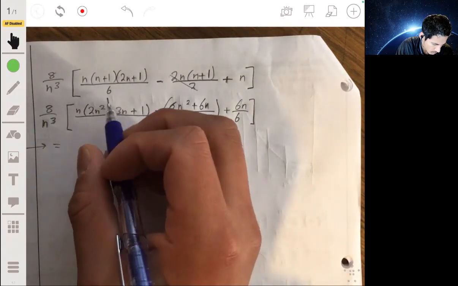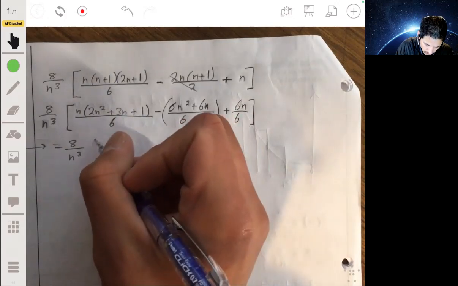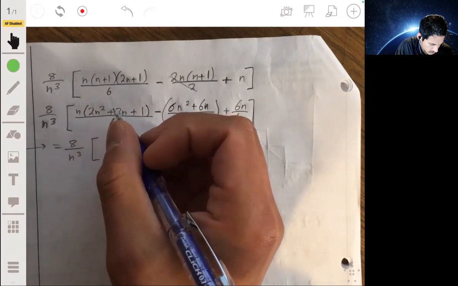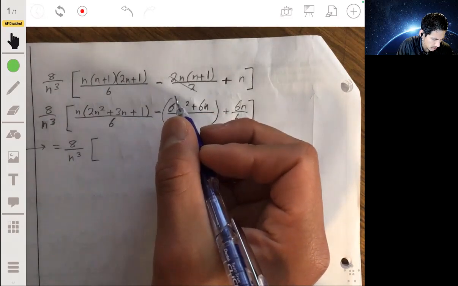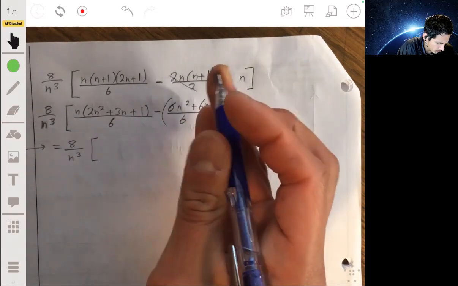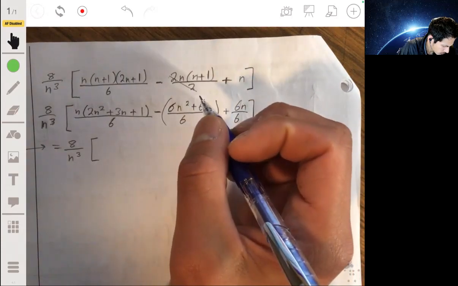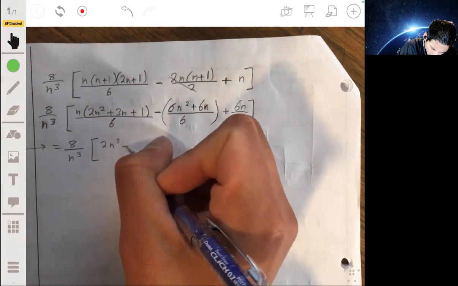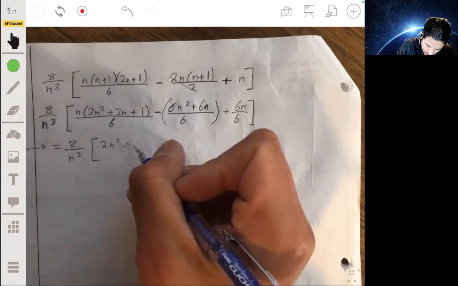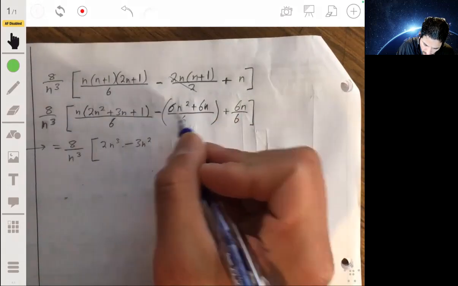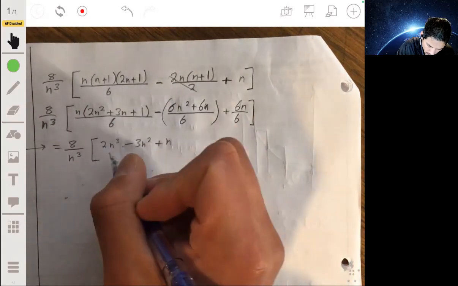So this will be 2n cubed plus 3n squared plus n over 6, minus 6n squared minus 6n. Let me actually go slowly because I don't want to make a mistake. Combining terms, 3n squared minus 6n squared gives minus 3n squared, and n minus 6n plus 6n just leaves plus n, all over 6.